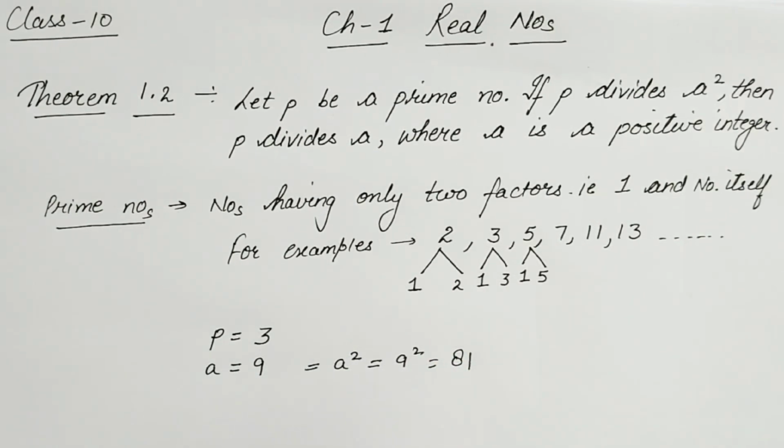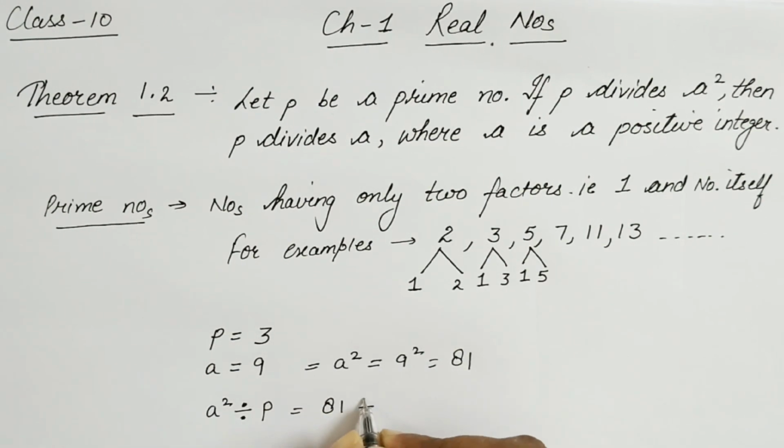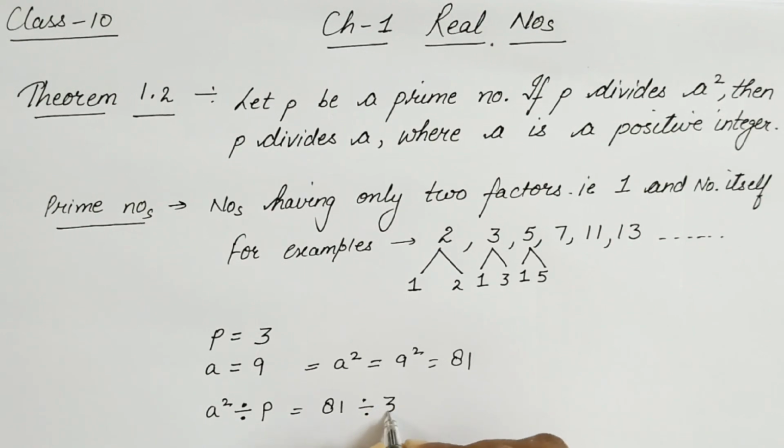They are saying P divides A square means, let's check, A square divided by P. A square is 81 divided by 3, we have taken 3. So it is dividing. It is divisible. They are saying if P divides A square, yes, it is dividing, then P divides A also.